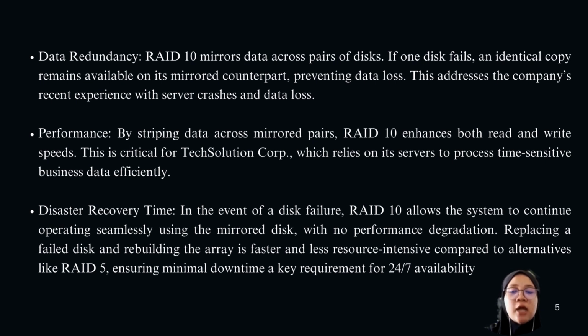This addresses the company's recent experience with a server crash and data loss. Second is performance. By striping data across mirrored pairs, RAID 10 enhances both read and write speed. This is critical for its profile, which relies on its servers to process time-sensitive business data efficiently.